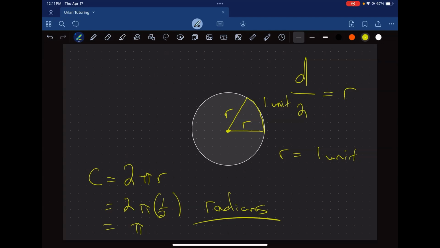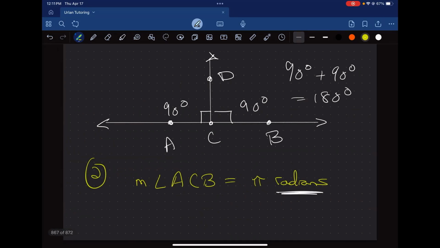So in this case, we're just going to believe for a second that the radius is equal to 1/2, just for this example, so that we can get the circumference equal to pi, which is what we get in radians when we measure 180 degrees. So radians are just another way to measure angles, particularly with circles. So pi radians, the angle ACB equals pi radians.